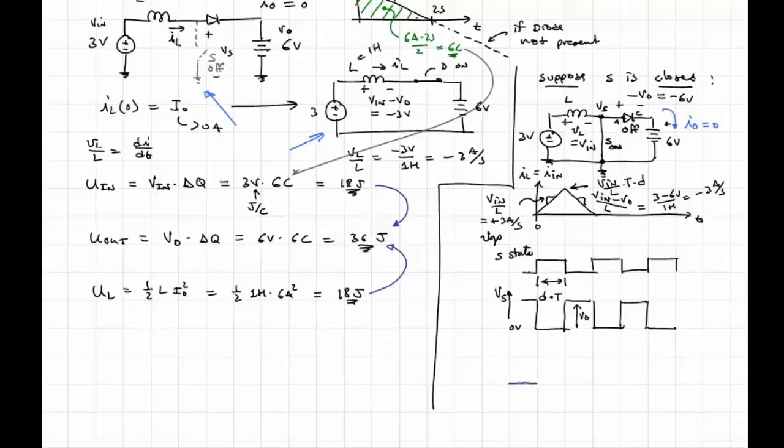It'll look like this, and then it'll actually go to 0, because when I turn the switch off, no current flows through the switch. This is the switch current, I draw it over here, I switch. And the diode current is going to look like this.